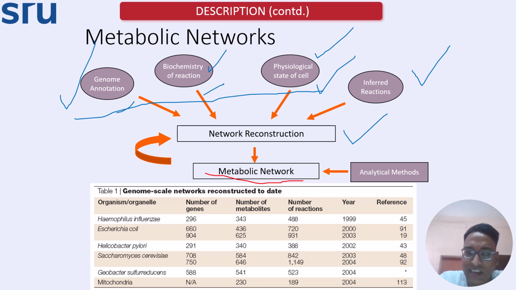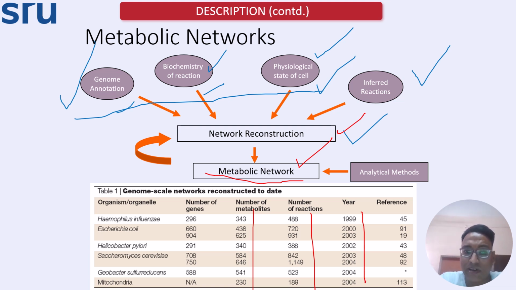So the network construction is just a preliminary step. But then we finalize the metabolic network using analytical methods by proofreading different steps. Whatever I am connecting, is it actually there or not? Okay, so see here for different species: number of genes, number of metabolites, number of reactions, and when they were published.